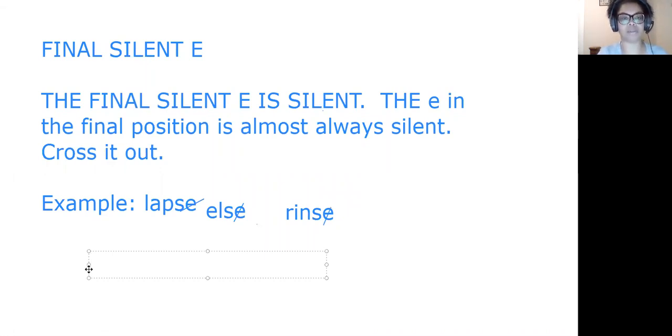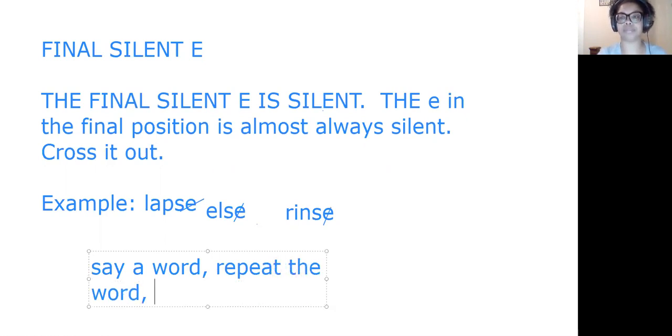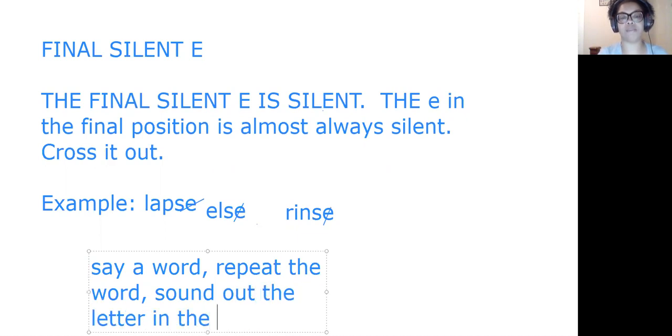All right, so the teacher is going to say a word. You repeat the word. Sound out the letters in the word. Spell the word. And then you're going to write the word.